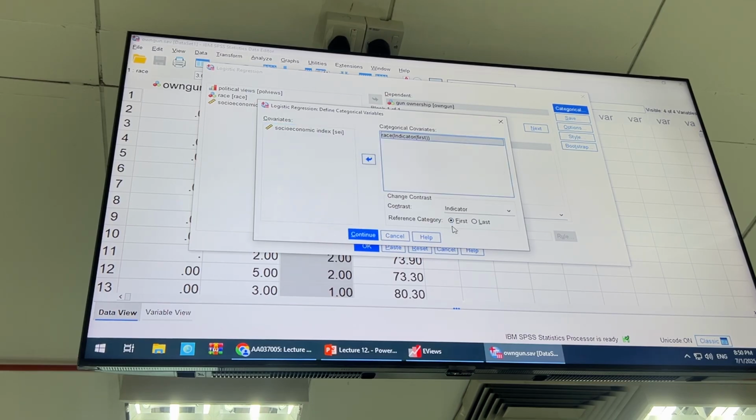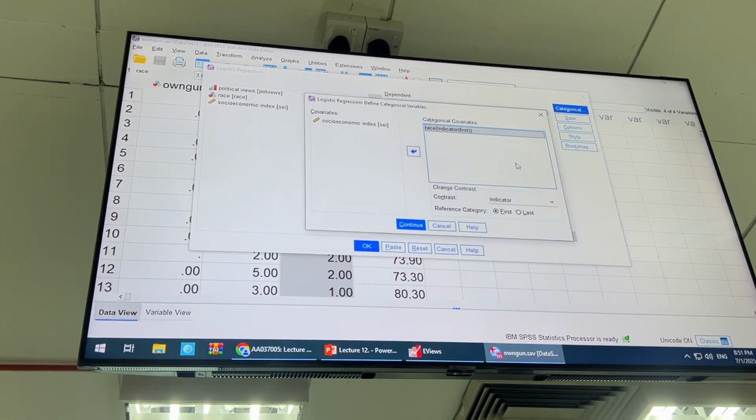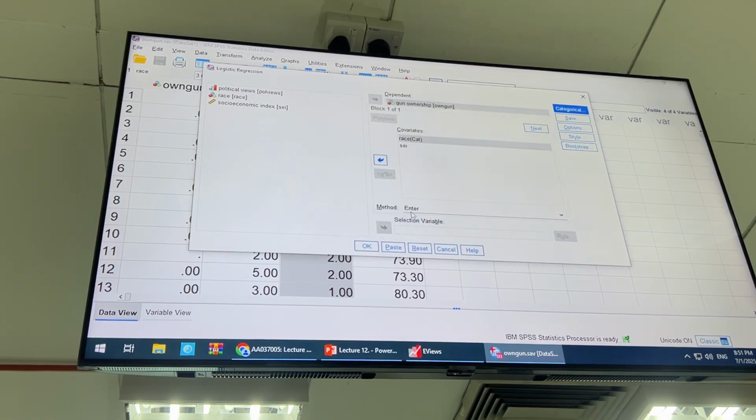Let's say you use the first one as the reference category, meaning the first value, 1, represents white. Continue, then OK.